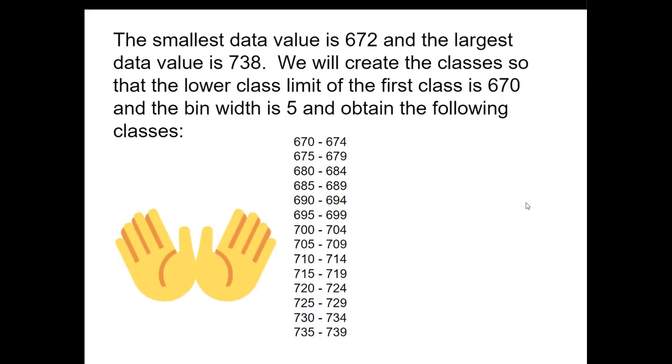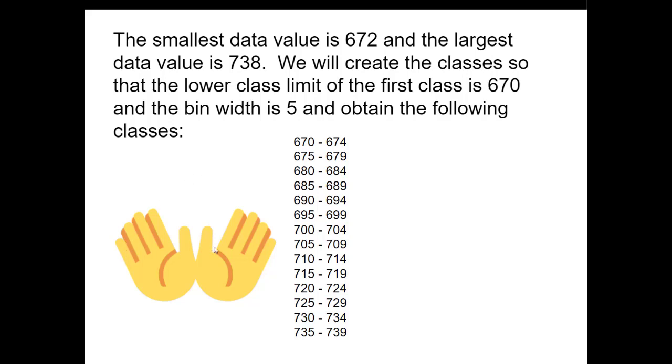Now remember, when we're making this, we can use our hands just to make sure that we are writing down the numbers, the beginning and the end of the bin widths. My lowest one starts at 670, and I need a bin width of 5.